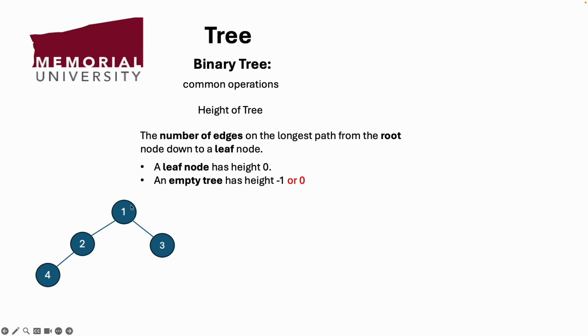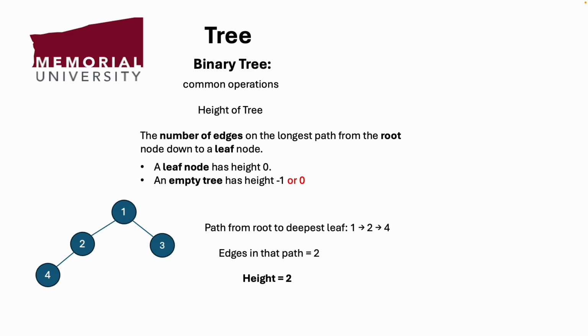We can see it's from 1 to 2 and to node 4. How many edges are in this path? This edge, 1, and 2. The number of edges in this path is 2. So the height is 2.